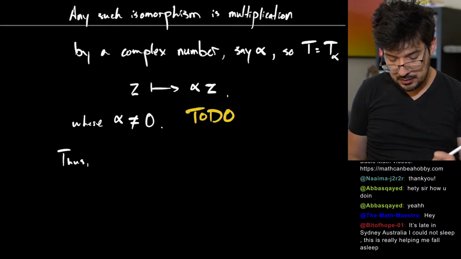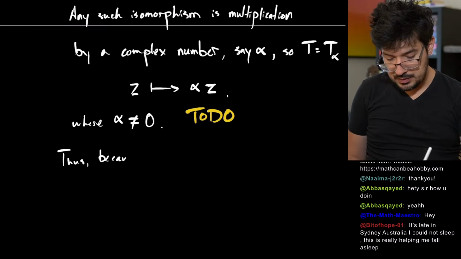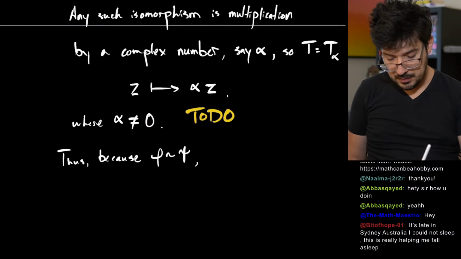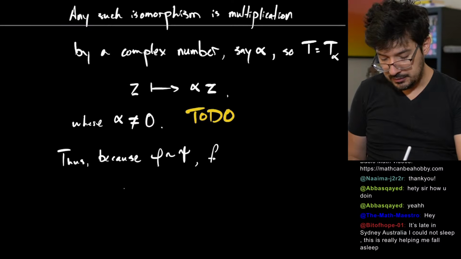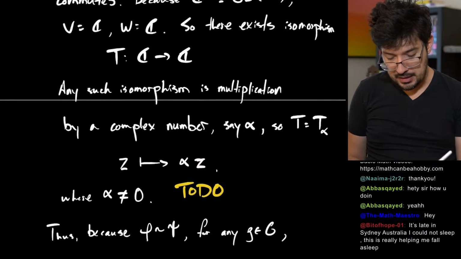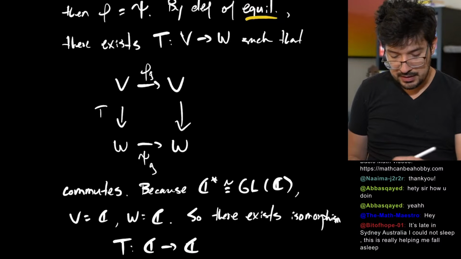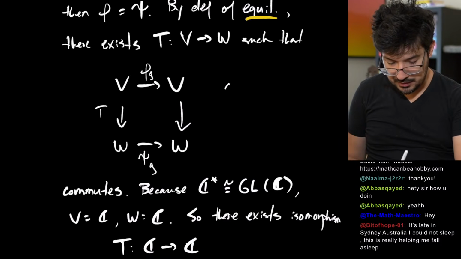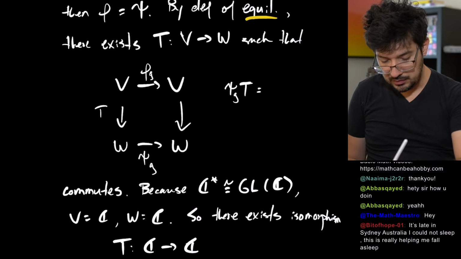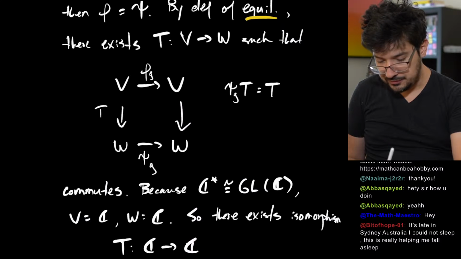Thus, because phi is similar to psi, for any group element, this diagram commutes, which means that psi after T equals T after phi.